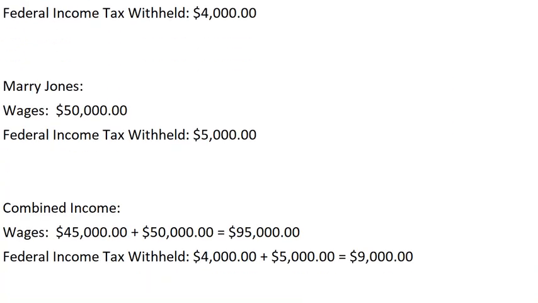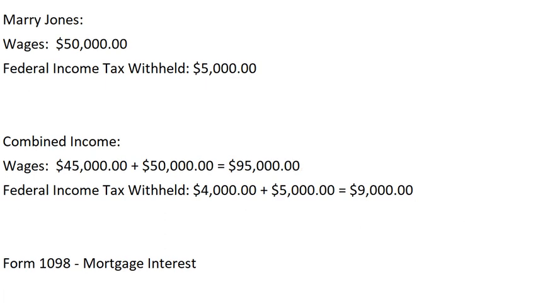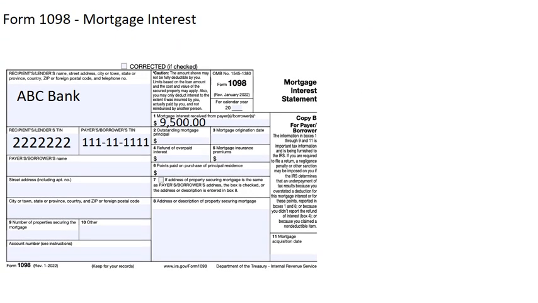Their combined income is 45,000 plus 50,000, which is $95,000. The total federal income tax withheld is 4,000 plus 5,000, which is $9,000. And this is the Form 1098, the mortgage interest, and they had mortgage interest of $9,500.